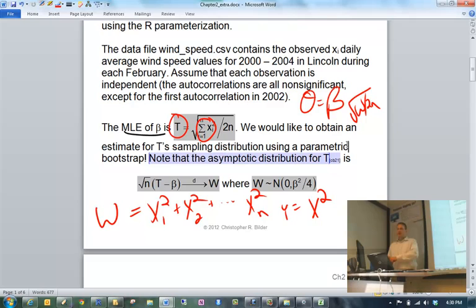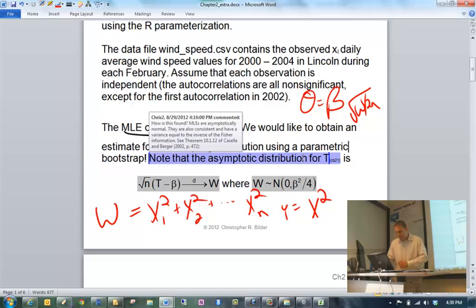Without looking at my note. The variance is 1 over Fisher's information squared. Oh, I'm sorry, not squared.